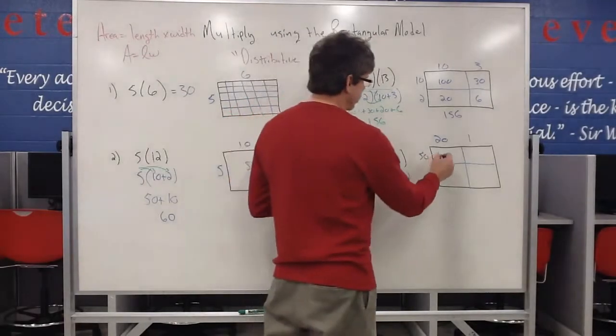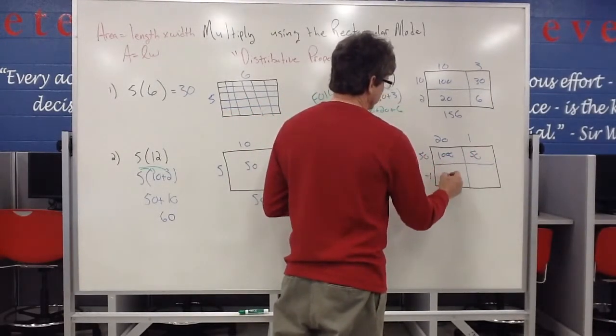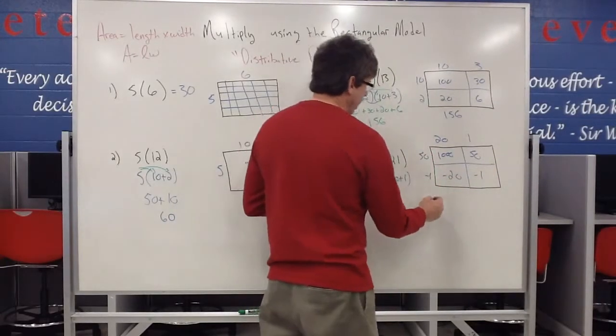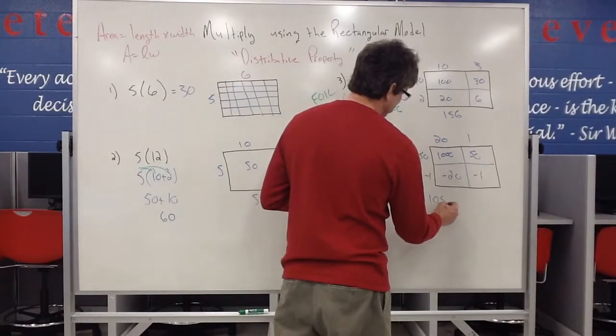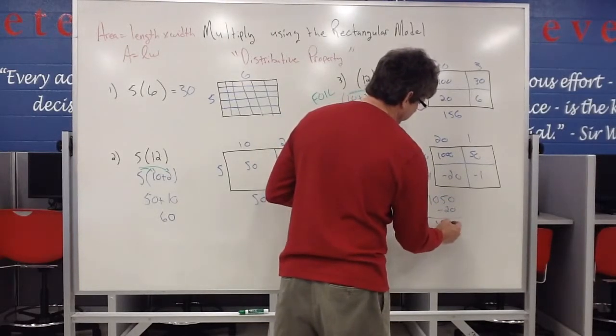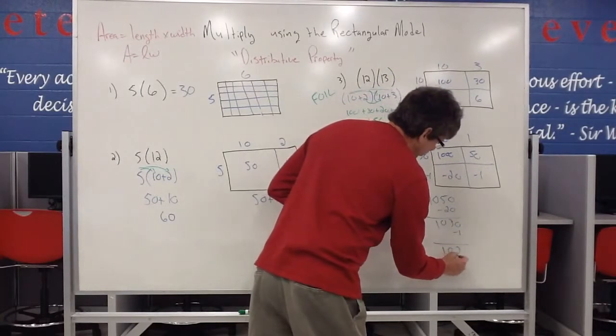And then I would have 1,000, 50, negative 20, and a negative 1. So you'd have 1,050, take away 20 would be 1,030, and take away a 1 would be 1,029.